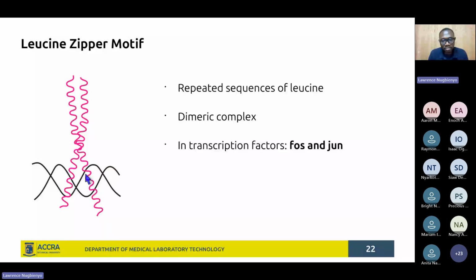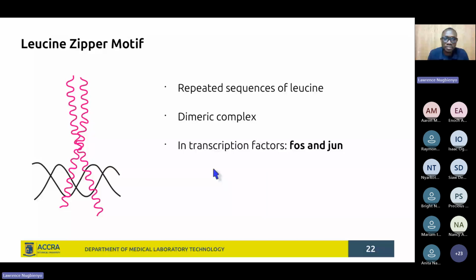You also find it in transcription factors like Fos and Jun, which you see in processes of cell proliferation and the growth of cells. You find a leucine zipper having such interaction with nucleic acid.